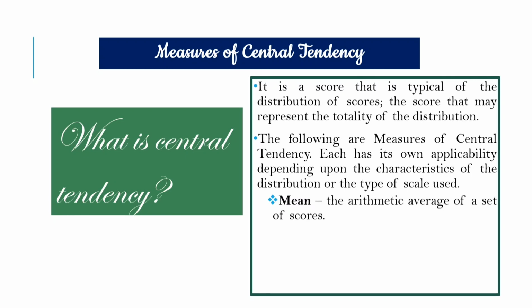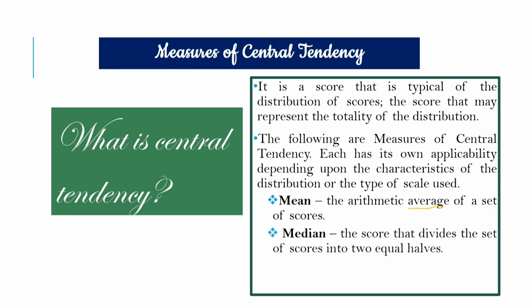The first one is mean, or the arithmetic average of a set of scores. Once again, average. The second one is median, the score that divides the set of scores into two equal halves. The next one is the mode, which refers to the most frequent occurring score in a set of scores. Take note of those three as we solve for mean, median, and mode of ungrouped data.